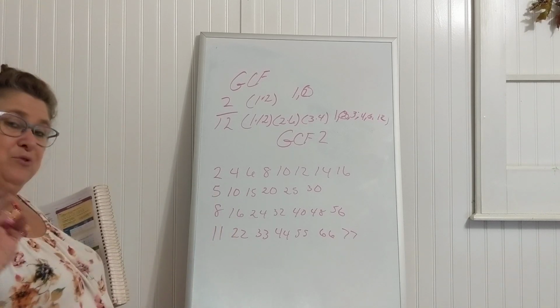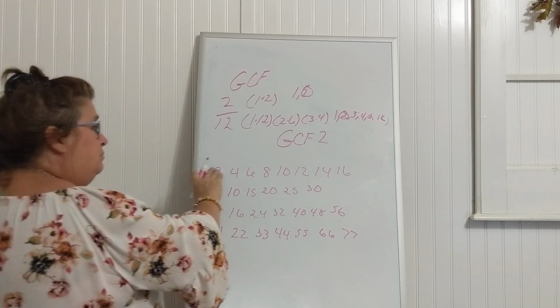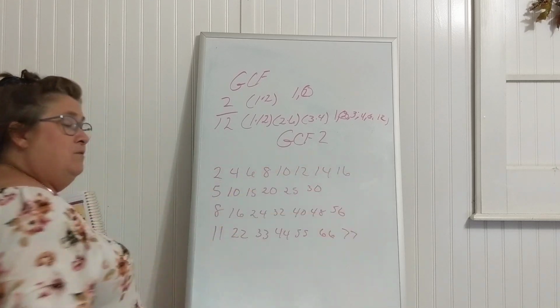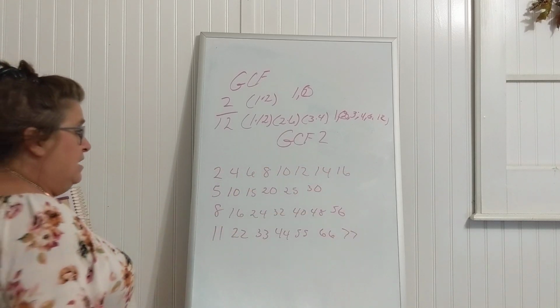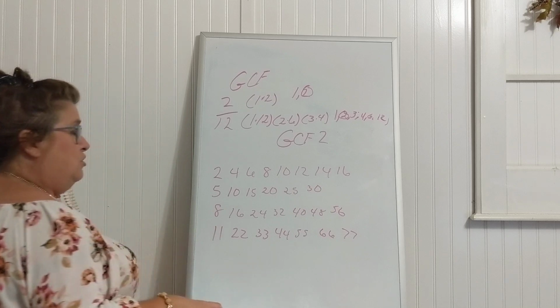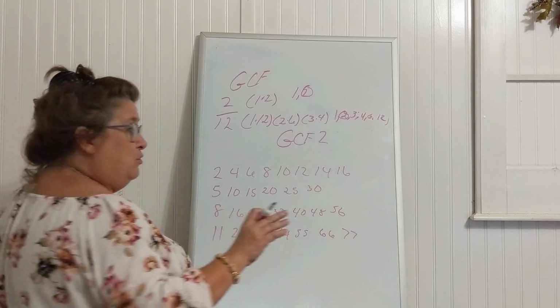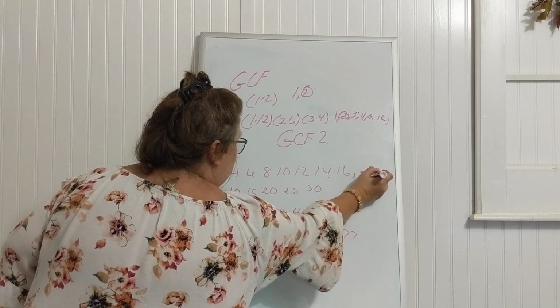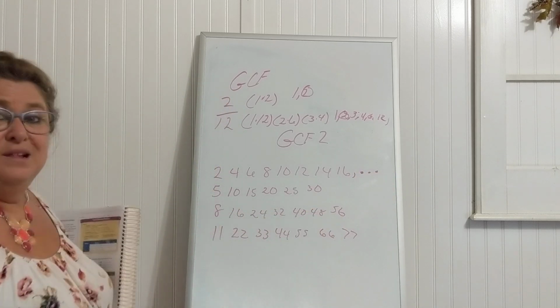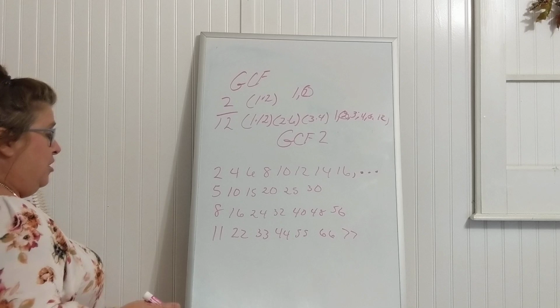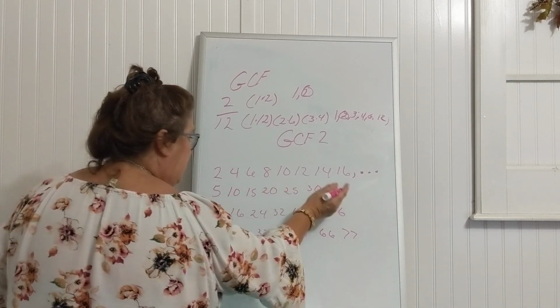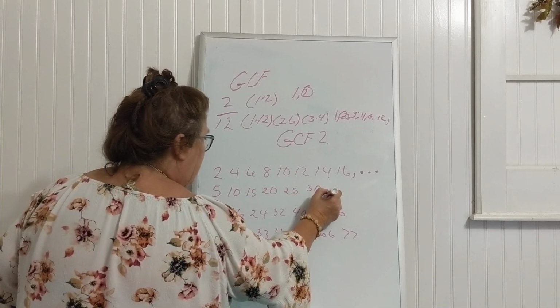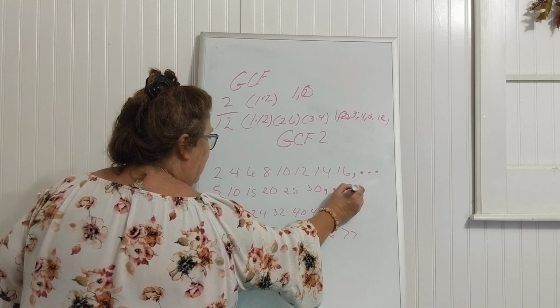But one thing you have to remember is that these multiples of 2 go on for infinity. They never ever end. So when we are writing multiples of 2, at some point we just have to quit writing and put comma, dot, dot, dot. That means it's never going to end. It's going to keep going on. When we're counting by 5s, at some point we just have to stop and say comma, dot, dot, dot.